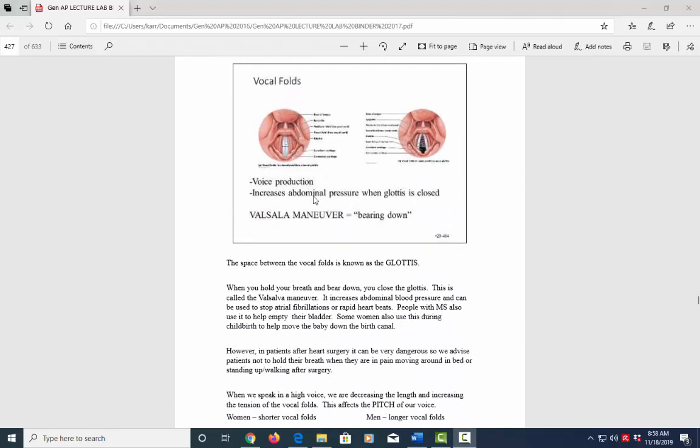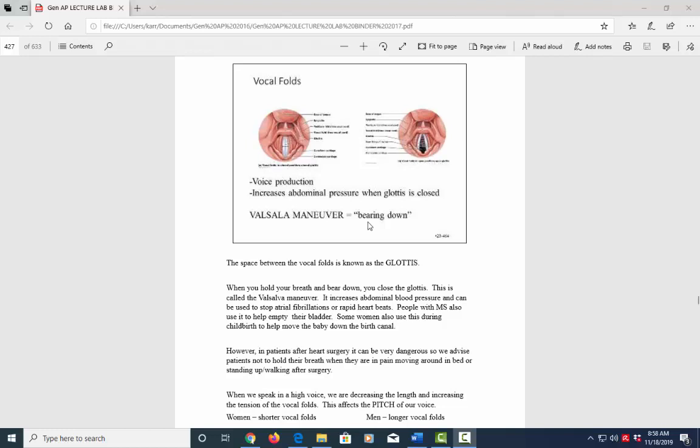So the vocal folds stretch across the glottis here, we can see, and when we close them, that increases abdominal pressure and does not allow air to come out, and that's called the Valsalva maneuver. So when you bear down, when a woman bears down, for example, to push out a child during childbirth, that's the Valsalva maneuver, and that can cause a drop in heart rate.